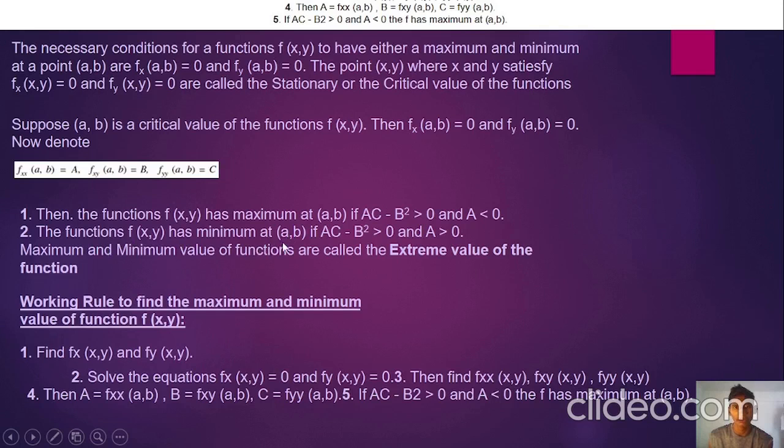Working rule: find f_x, f_y, f_xx, f_xy, f_yy, solve the equations, and then proceed as follows.